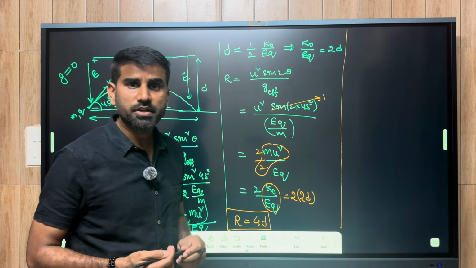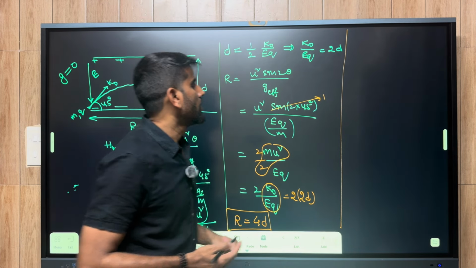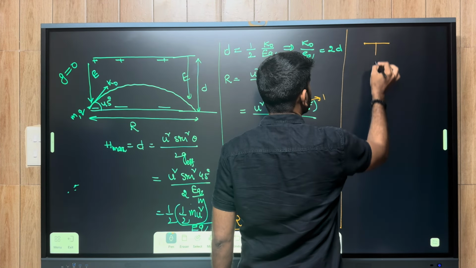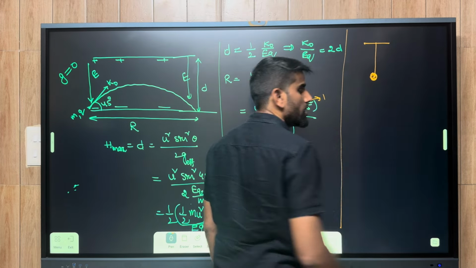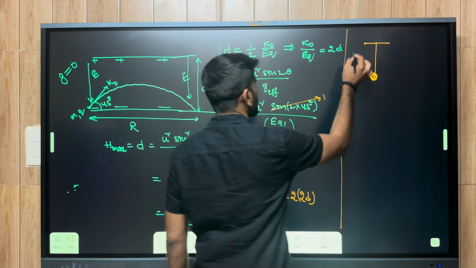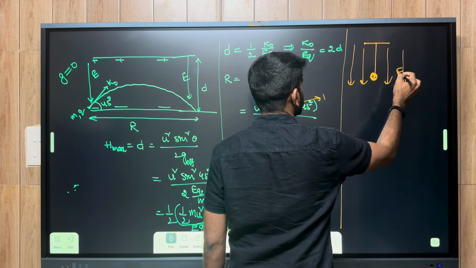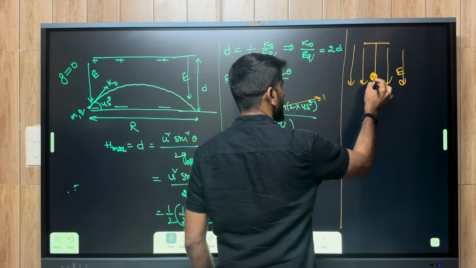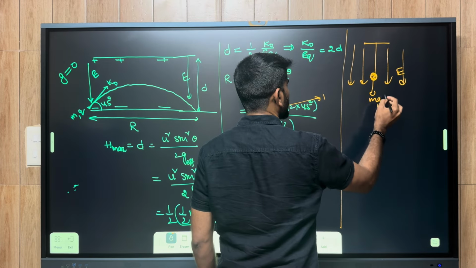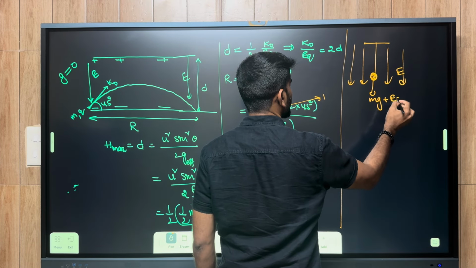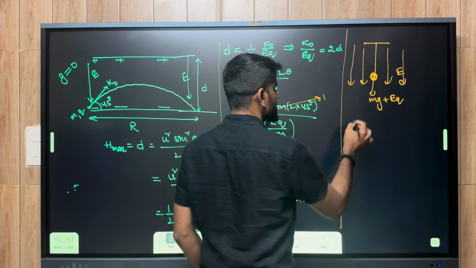While we are dealing with the time periods, let's say we have this pendulum, and the field is in downward direction. Let it be electric field. That means mg is acting downward and eq is also acting downwards, right?